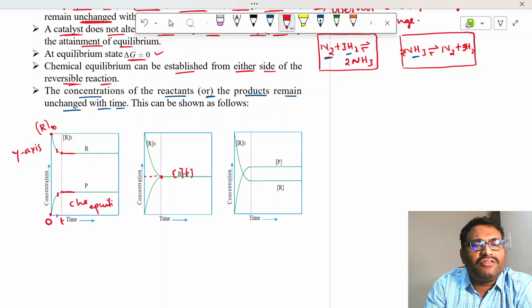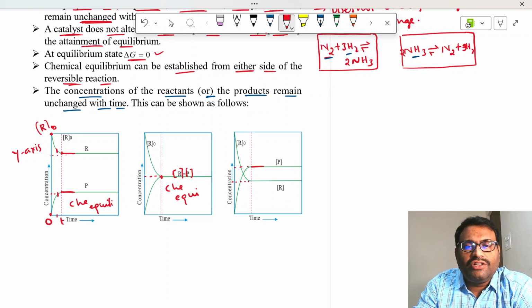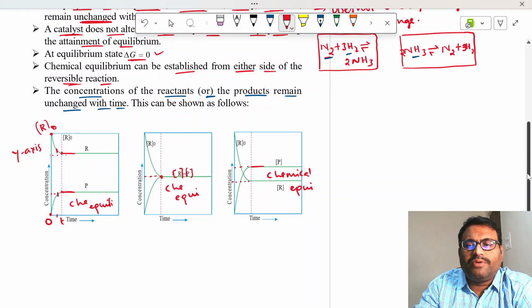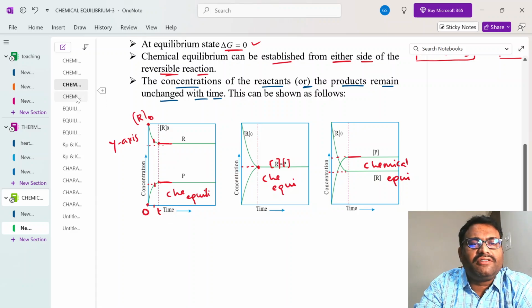As they are constant, we say that again this is also a state of chemical equilibrium. Here also they are remaining constant. You see, constant product concentration, reactant concentration remaining constant. So this is the state of chemical equilibrium. So at chemical equilibrium, the concentration of both reactants and products remain constant. What we need to remember is that they remain constant, right?